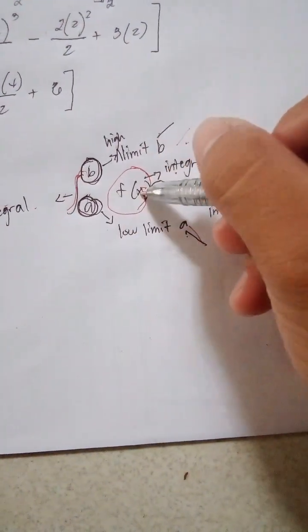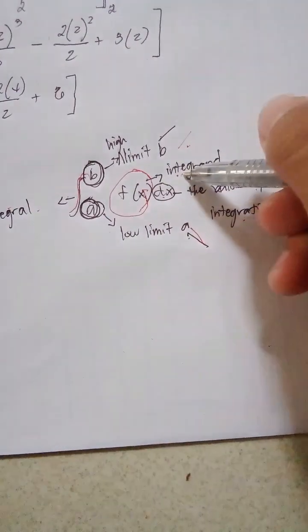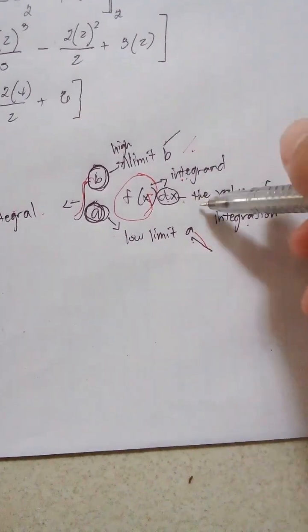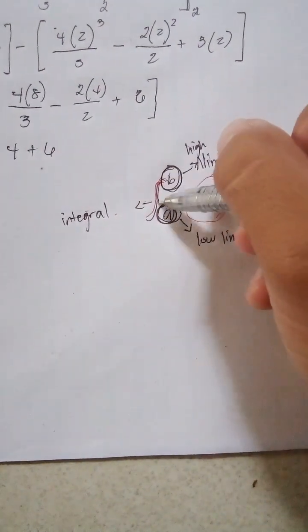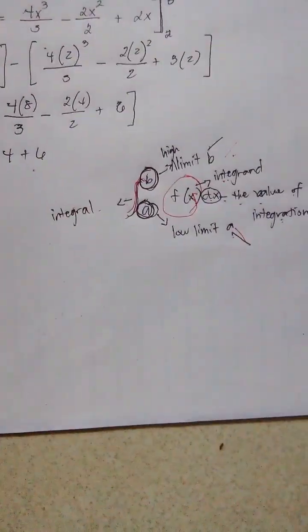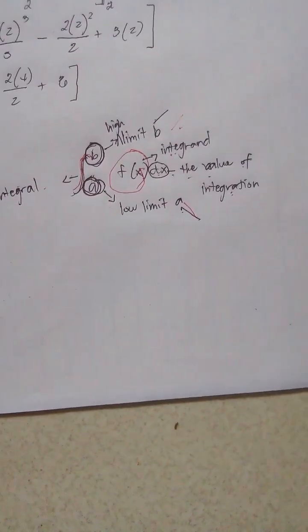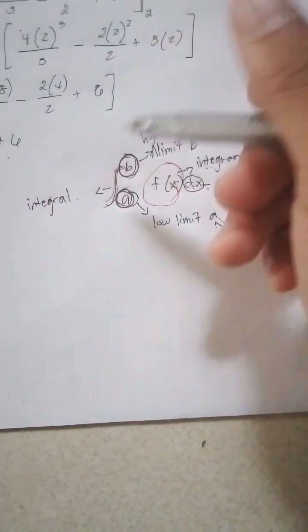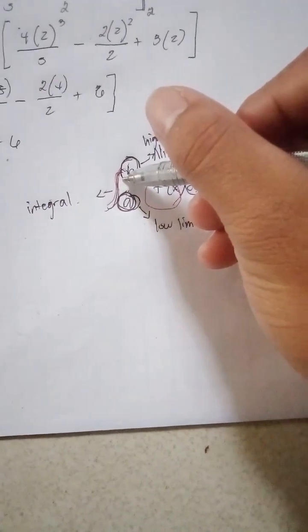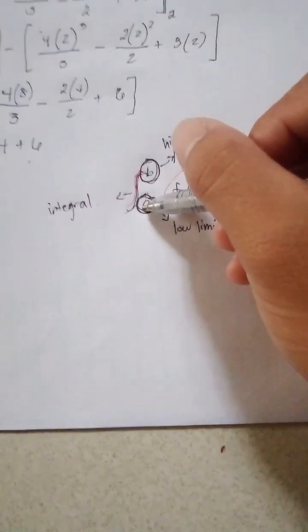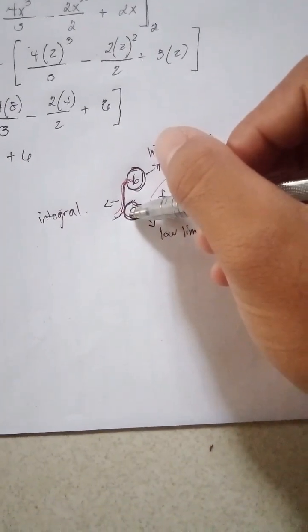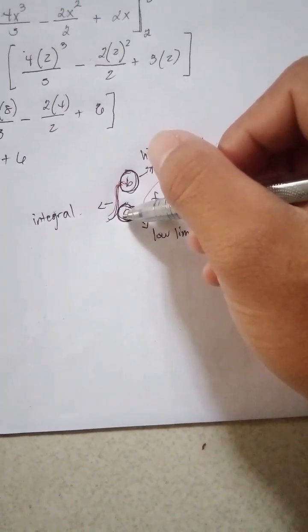And f of x stands for the integrand, and dx is the variable of integration. This symbol represents the integral, and this symbol and these two, the limits of integration, the indefinite integral doesn't have. Now let's go back to my example.